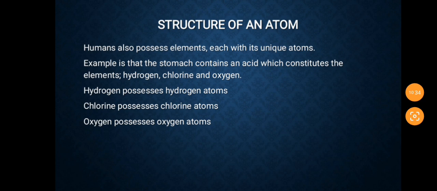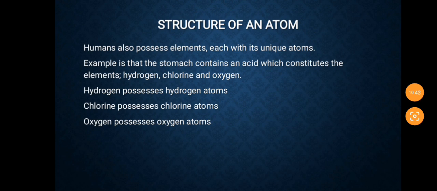Humans also possess elements, each with its own unique atoms. An example is that the stomach contains an acid which constitutes the elements hydrogen, chlorine, and oxygen.